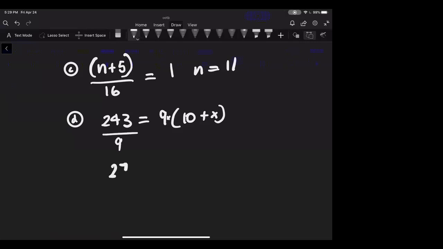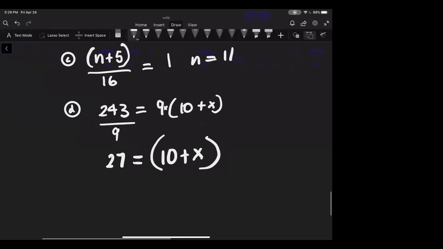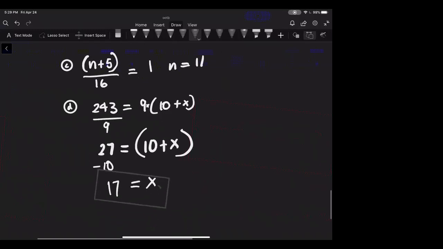Do you see how it equals 27 because we're going to divide the two? And then you have 10 plus x. Now the 10 is adding with the x, right? We're going to do the opposite. What's the opposite of addition? Subtract. So what is x going to be equal to? 17. Is x by itself? Yep, and that's our answer. Does that make sense how to do that one?